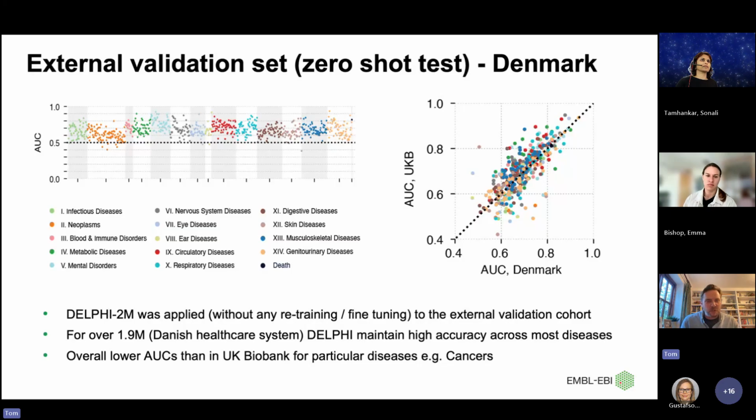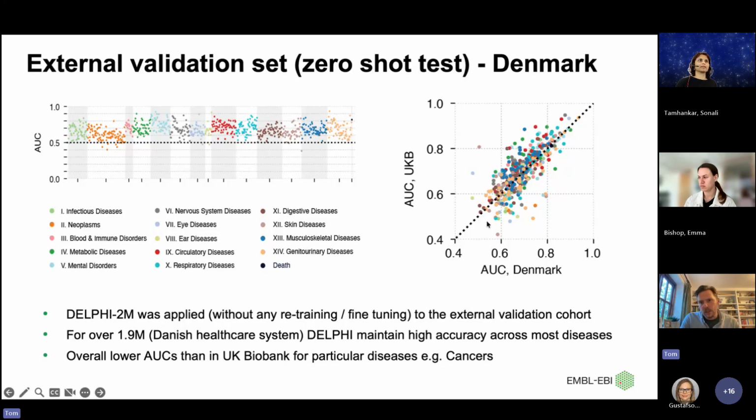Across the board, we see a marginal drop in accuracy across most diseases, as expected, but not a huge drop, which is really, really nice to see and quite remarkable. So it shows you that the model was able to learn some general patterns related to health, which can be transferred across at least 2 different healthcare systems in 2 different countries.